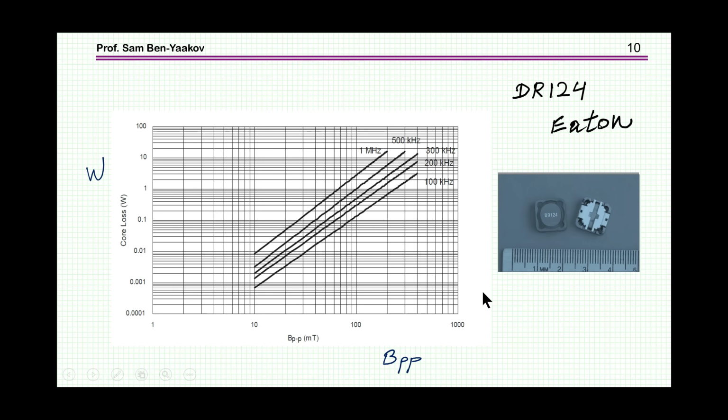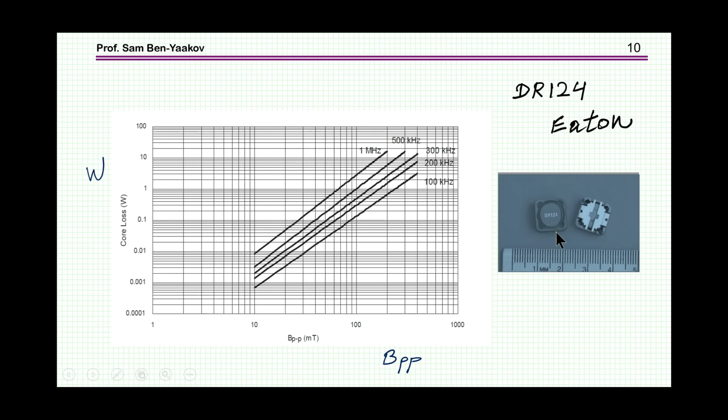Now, the delta B, the high frequency component of the magnetic flux density, is causing, as we've seen with the minor loop, core losses, and this is typical. This is actually a sort of a fitting of data to the so-called Steinmetz equation, or modified Steinmetz equation. And these curves actually show you the core loss.